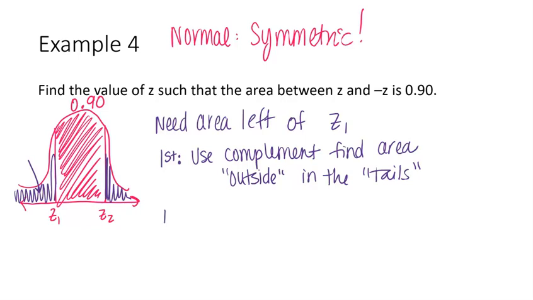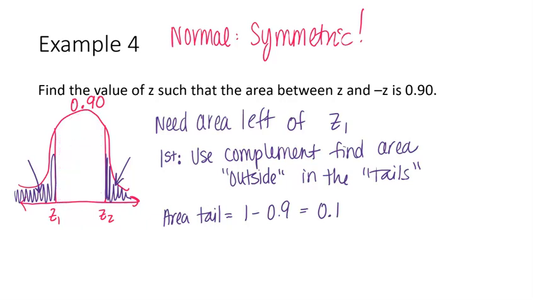Well, the area in the tails, the area outside, is 1 minus the 0.9 that's inside of my shading, giving me 0.1 split between these two tails of my curve. So I got rid of this. Now I'm just looking outside.